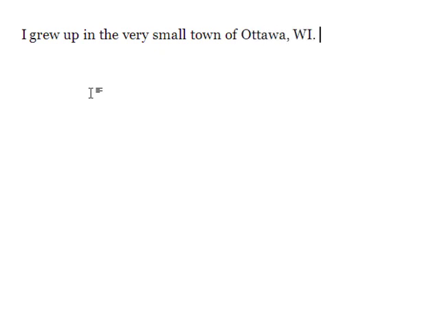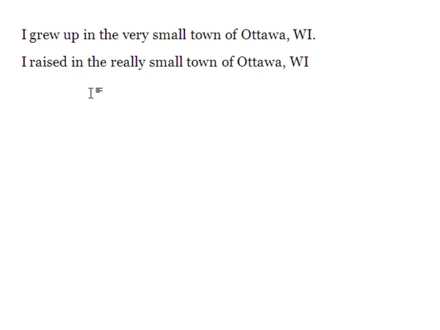Now I could have said very, very small, really small. There's a couple of ways you can do that. I could say I was raised in the really small town of Ottawa, Wisconsin.